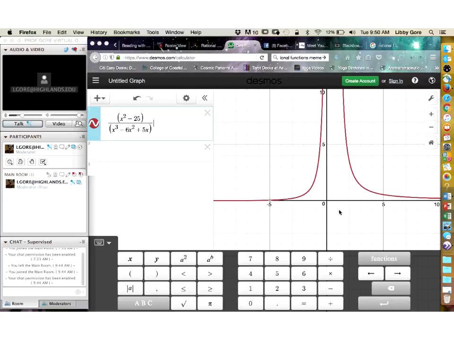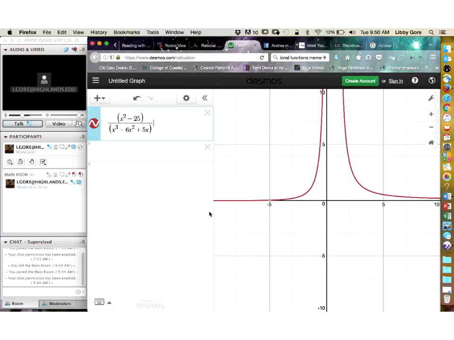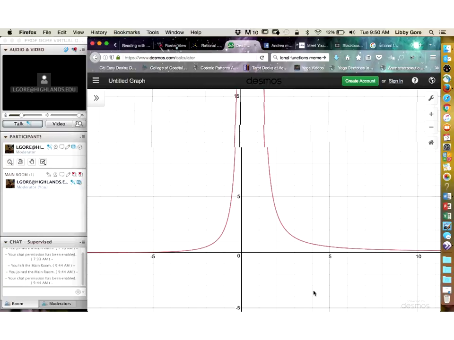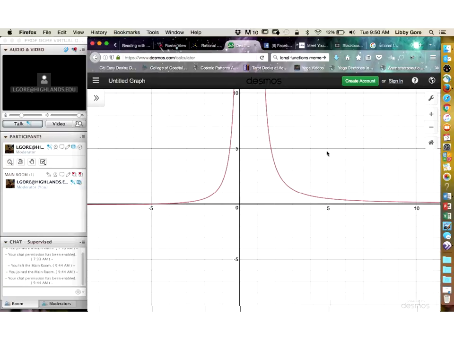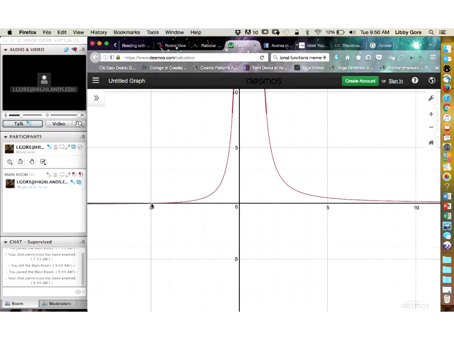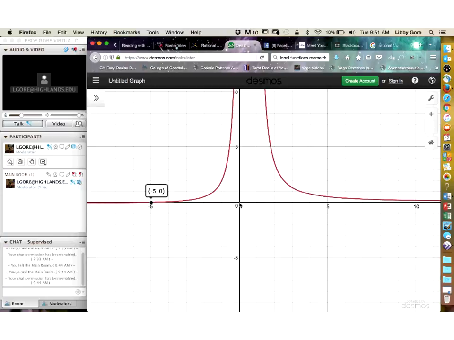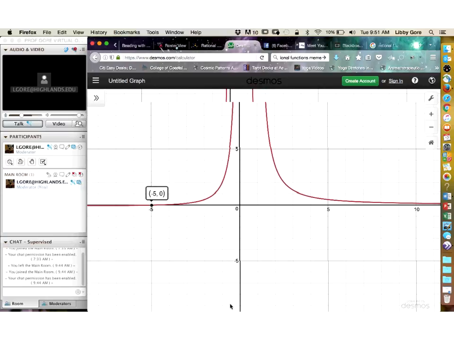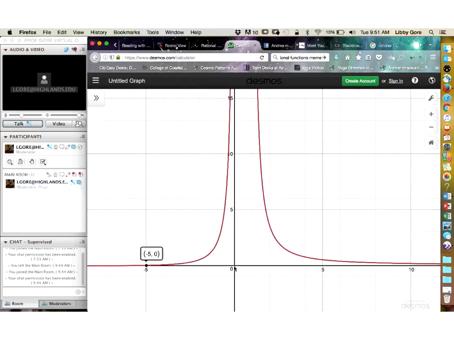Okay, so the Desmos calculator doesn't show the holes. So you can see I have the graph here. I'm just going to put that off to the side so we can focus on the actual graph. Okay, so remember we had a vertical asymptote at x equals 0.